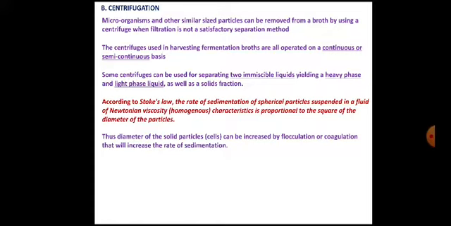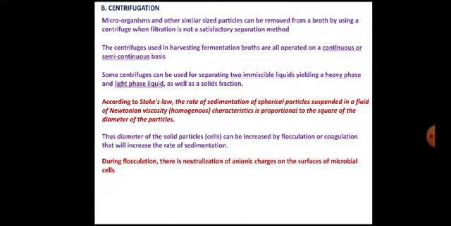Therefore, the diameter of solid particles, which more frequently are cells, can be increased by flocculation or coagulation. That will increase the rate of sedimentation, which is a very likely logic that can be applied here. During flocculation, there is neutralization of anionic charges present on the surfaces of microbial cells.